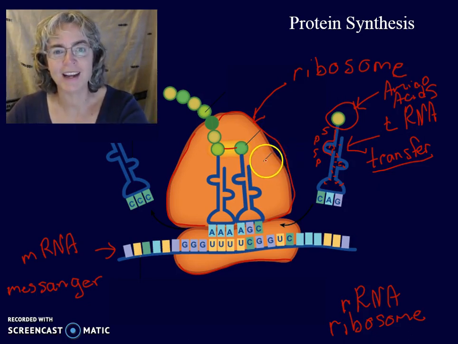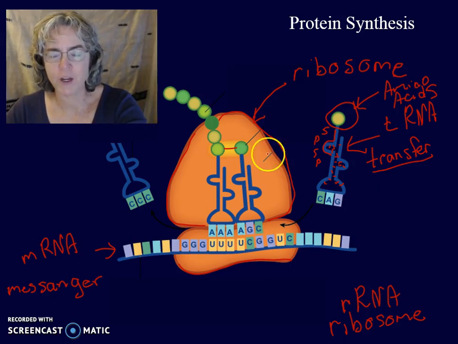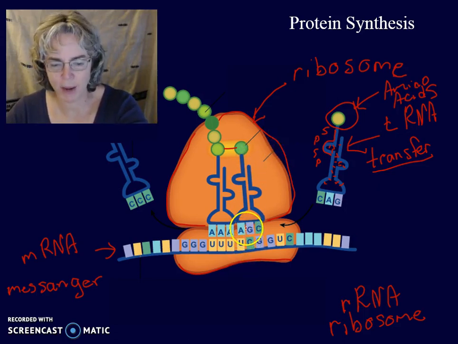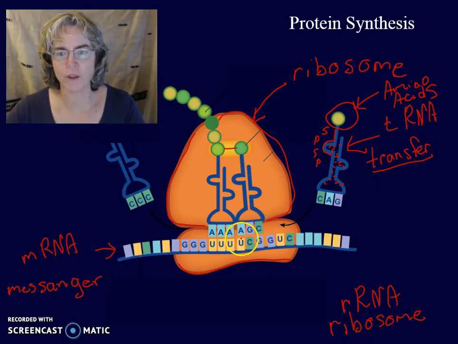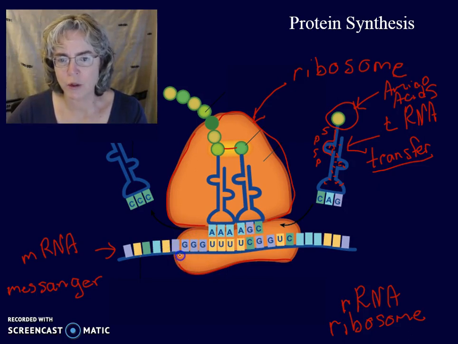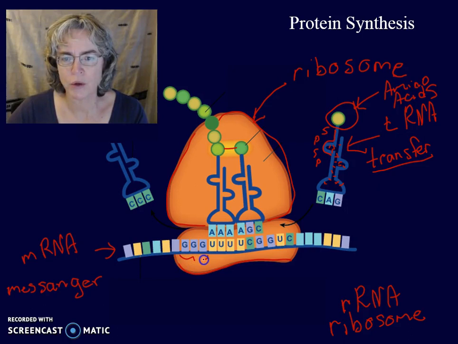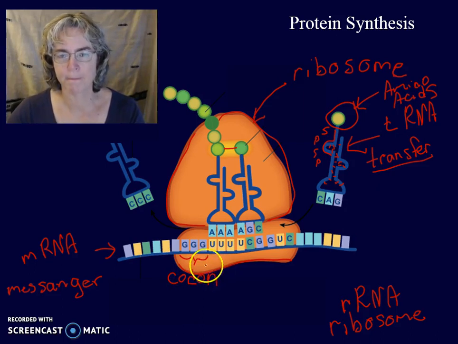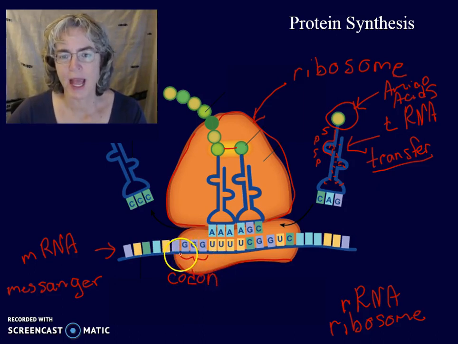This is where we finally get to the point where we can figure out how these complementary base pairs hold the code for these proteins. These three nucleotides together are called a codon. And one codon codes for a specific amino acid.